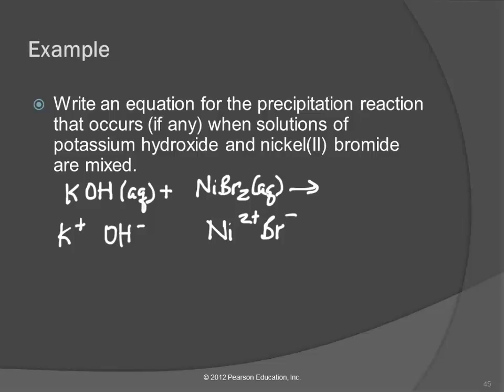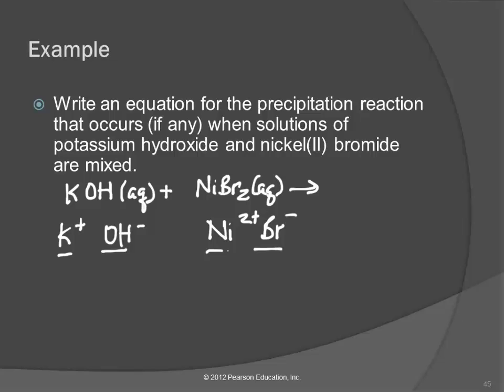So usually, on an exam, I'll give you the formulas and just ask you to predict the products. The steps we're saying is put the formulas in first, and then write these ions with their charges below. If you're not given them, you're going to have to look at the ion charges first before you can write the equations for those.